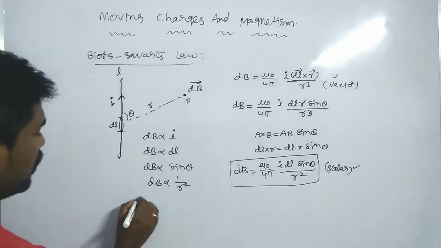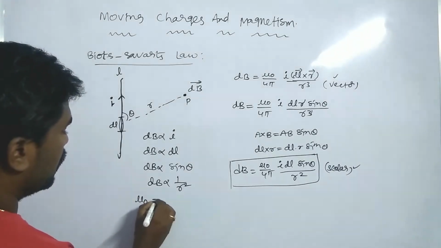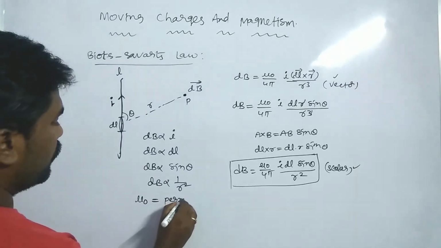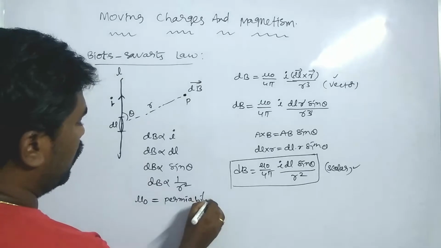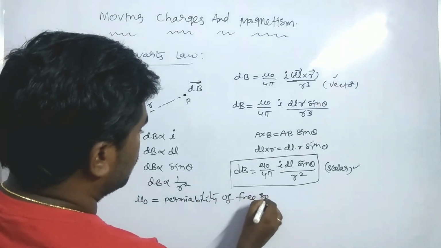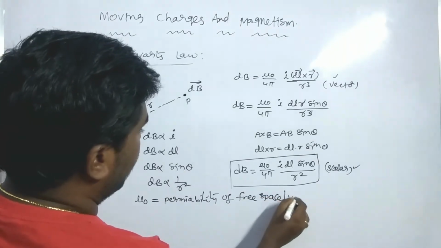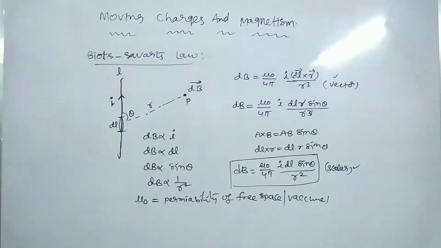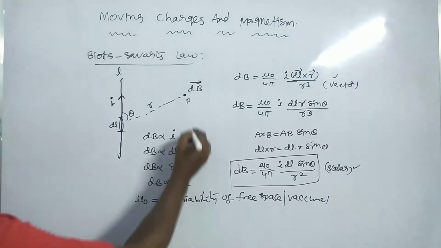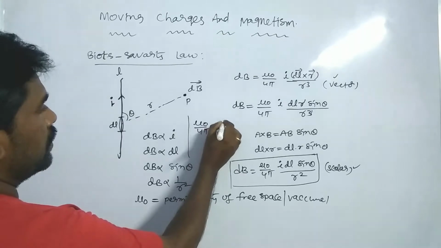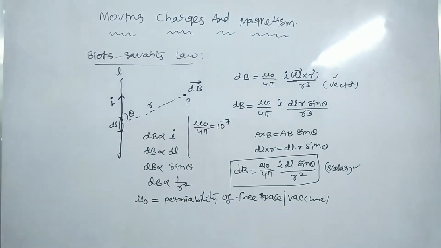Here mu naught is the permeability of free space, and the value of mu naught by 4 pi is equal to 10 to the power minus 7.